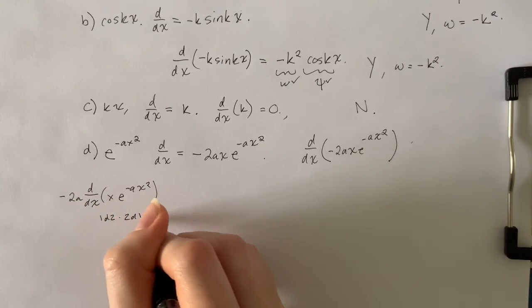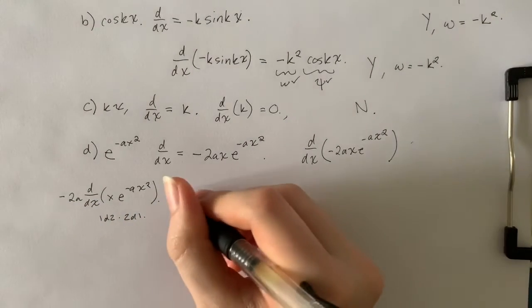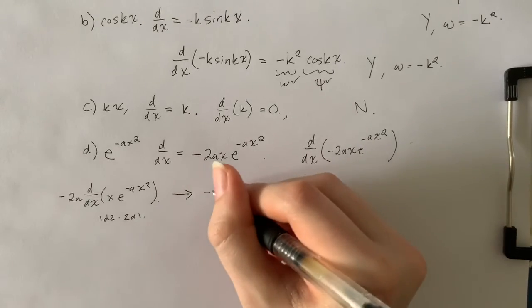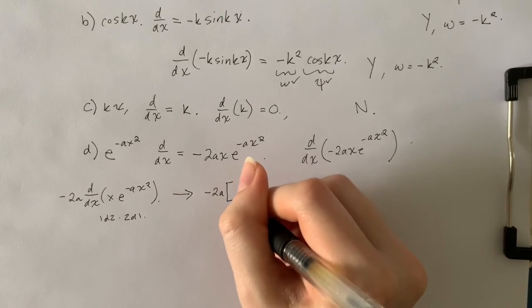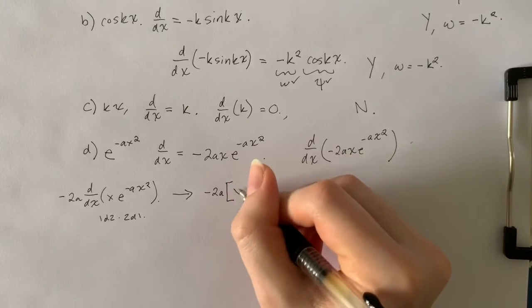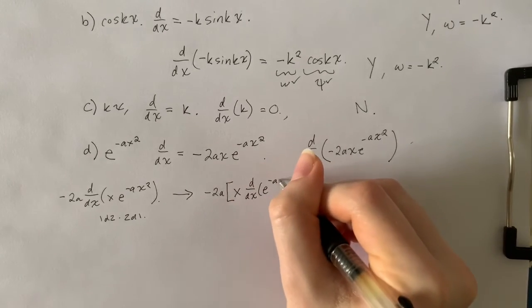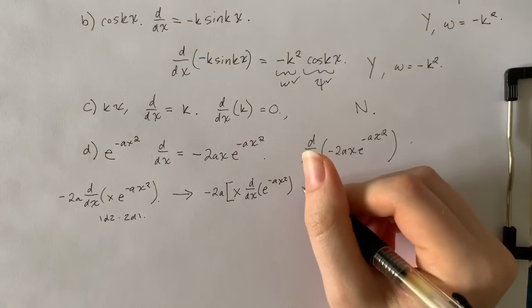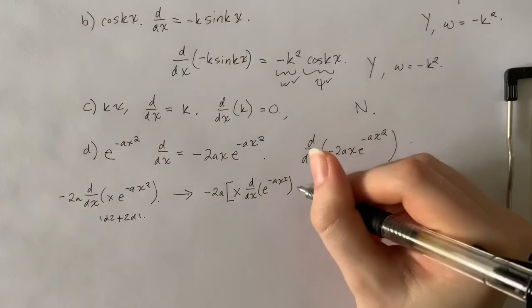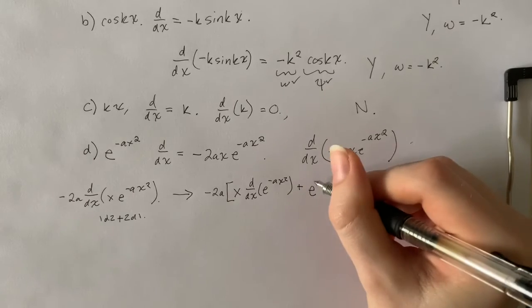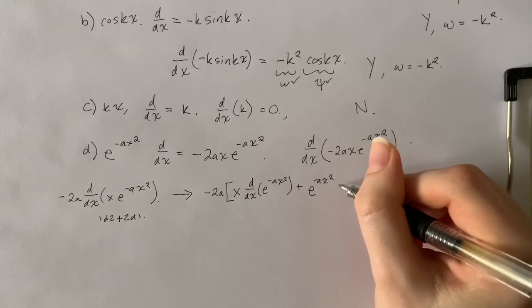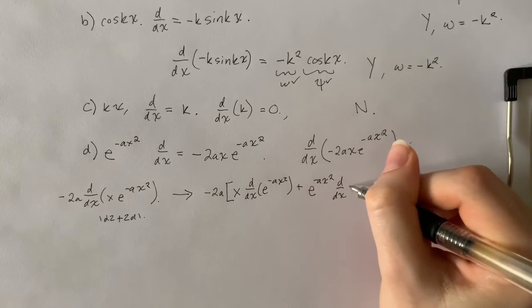That's just how I learned it. Everybody has their ways. So to me, that's minus 2a, 1 d2, or plus, sorry, not times, plus e to the minus ax squared, which is 2 d1.